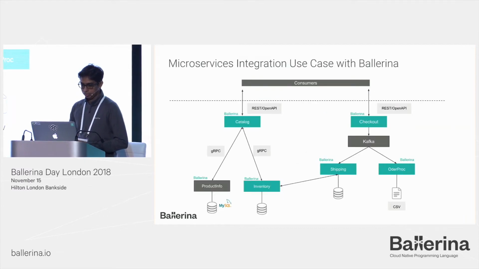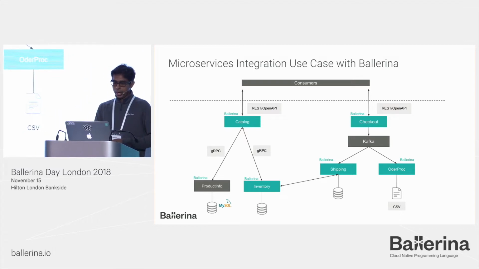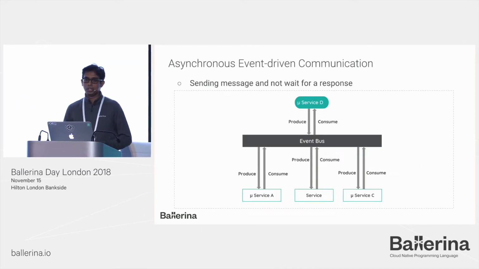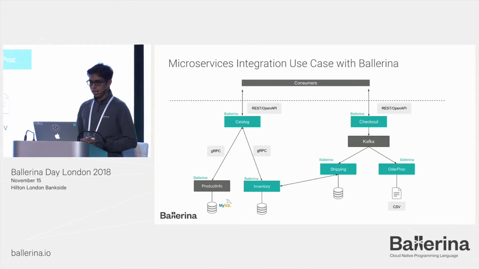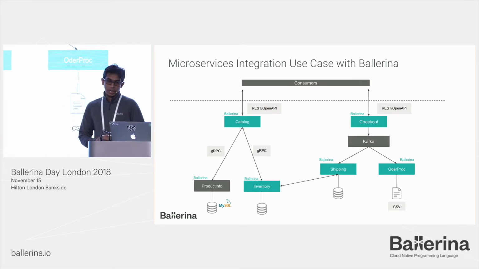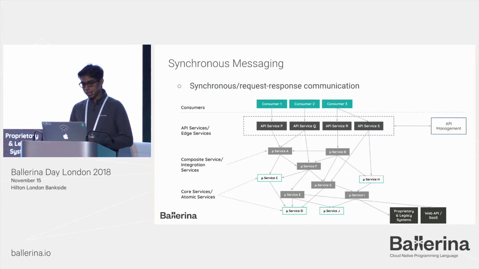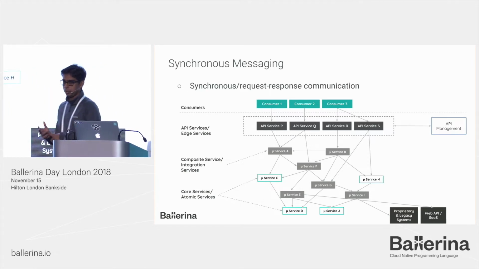Those are the two main patterns that we usually use in microservices integrations. And let's take a simple use case. One other thing is, when it comes to implementation of this synchronous messaging, there are multiple protocols.